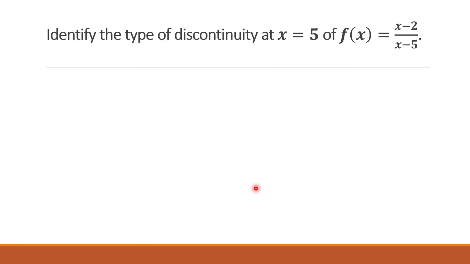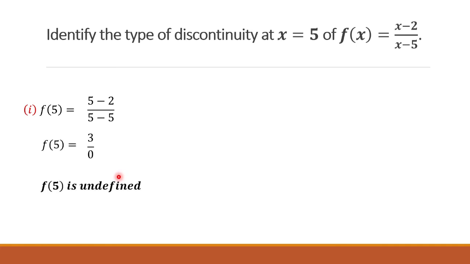Another example, let's say we have x minus 2 over x minus 5, and we would like to get the discontinuity at x is equal to 5. So getting f of 5, we have 3 over 0. So f of 5 is undefined. In this case, we have a finite number over 0, so we're going to do the strategy for infinite limits.